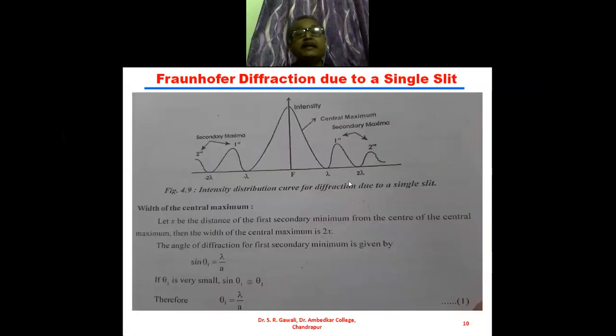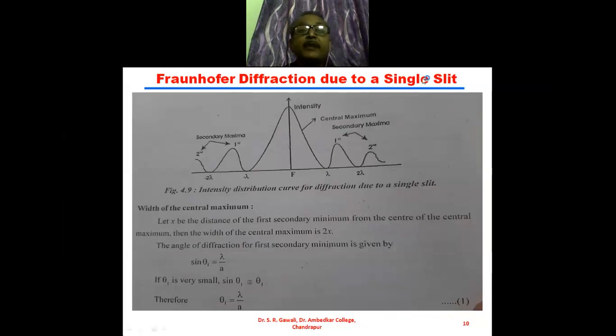Yes, this is the graph which will show the secondary maxima and minima with the central maximum.